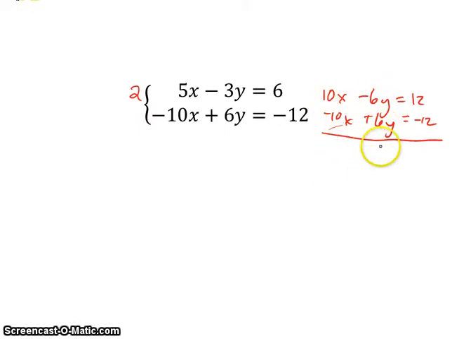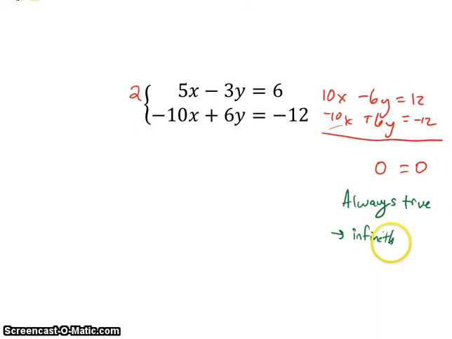Negative 6y plus 6y is 0. 12 plus a negative 12 is 0. 0 is equal to 0. That's always true. So there are infinitely many solutions. Infinitely many solutions. The lines are the same.